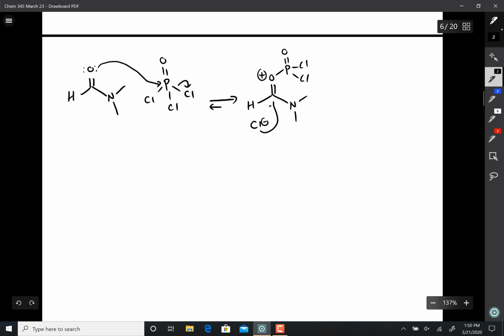That chloride adds. And then the nitrogen's lone pair swings down and kicks off the oxygen.